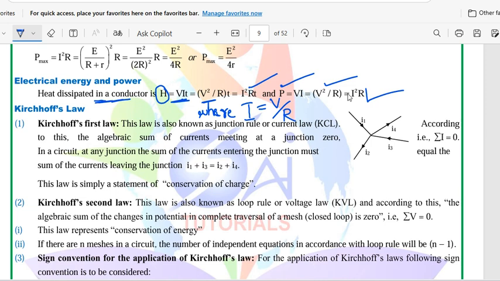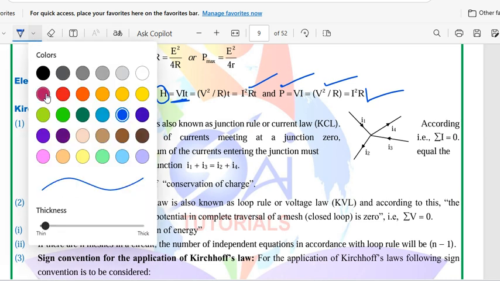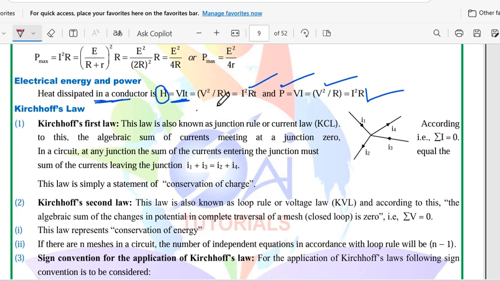And the most important concept related to your syllabus is Kirchhoff's law. We have two laws here, Kirchhoff's first law and Kirchhoff's second law.